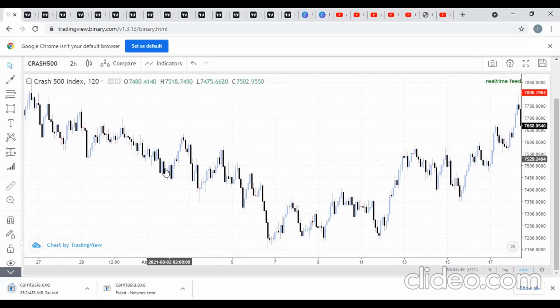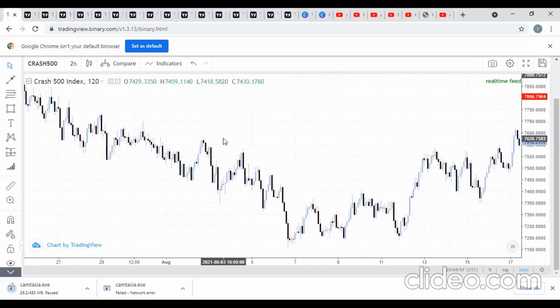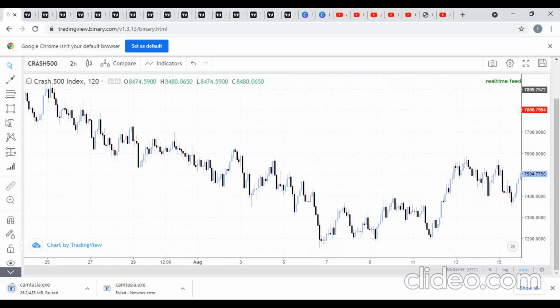So now we're going to use this particular region as an example for the supply zone.